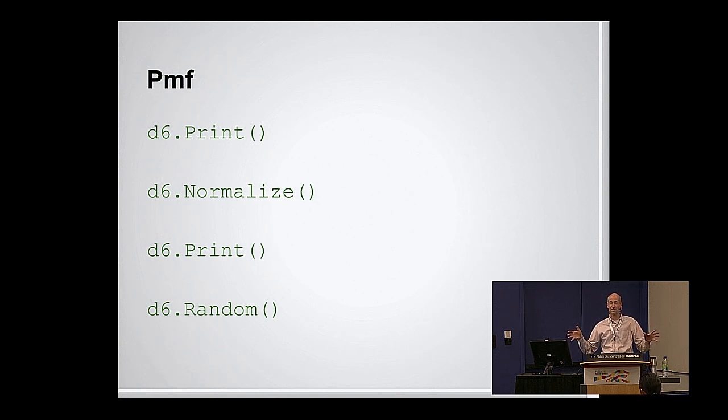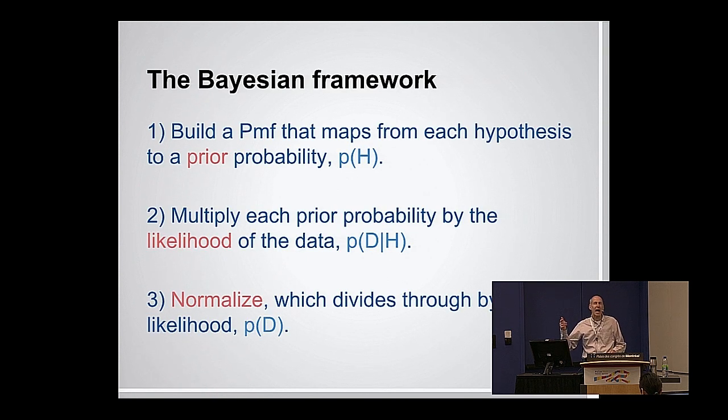Questions? Good. All right. So what I can do now is use the PMF class to do Bayesian updates. The idea is that I'm going to have a PMF that contains the prior probability for each hypothesis. I'm going to do an update by looping through the hypotheses, and for each hypothesis, I'm going to multiply the prior probability by the likelihood of the data under that hypothesis.